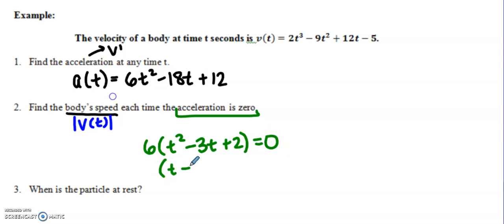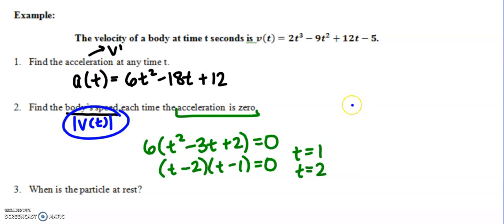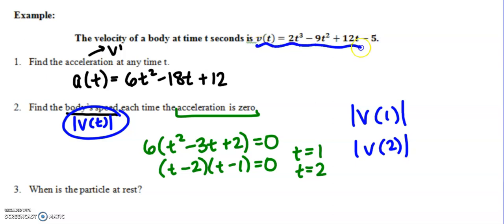So this will factor into t minus 2 and t minus 1, which means that my particle has acceleration of 0 when t is 1 and t is 2. But I want to define the speed, so I'm going to find the absolute value of v of 1 and the absolute value of v of 2. So this will be pretty straightforward. I have velocity written right up here. So I'm going to substitute in and take the absolute value. So v of 1, absolute value, 0. V of 2, when you sub in, you get negative 1, but you want to take the absolute value of it, so you end up with 1.